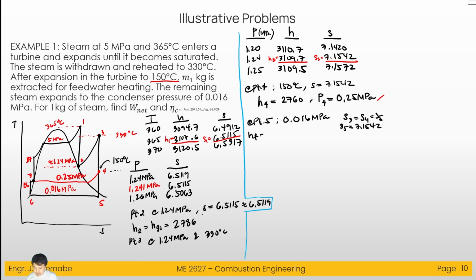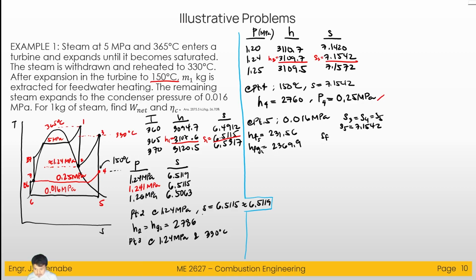So HF here is equal to, equal na, ano ba to saan? So 231.56. 231.56. HFG 369.9. SF.